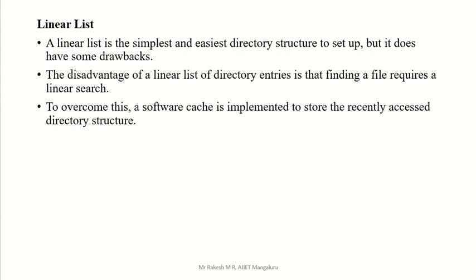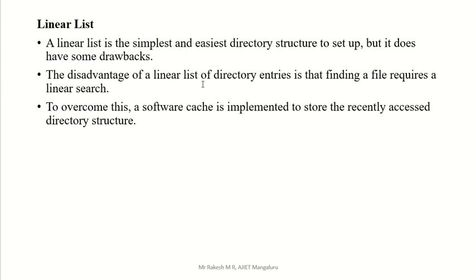Just assume that out of those 100, you need the 90th file's information. So how do we search for that? In a linear manner. One by one: first one, second one, third one, like that, each file's information is checked. Once it reaches the 90th, you get that file information, and then the remaining access can happen. But we are going to search in a linear manner.